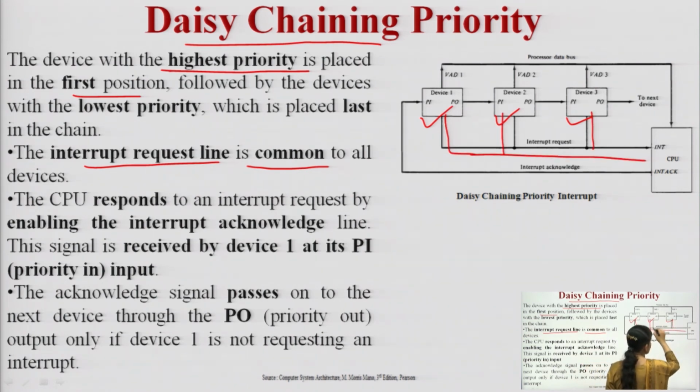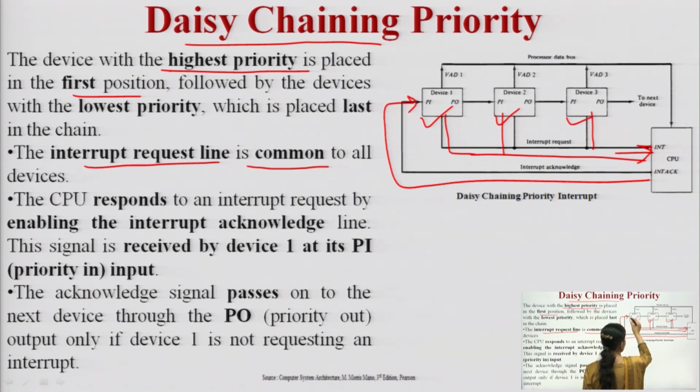Whichever devices want to interrupt the CPU will place their request on this bus. Then the CPU will send an acknowledgement using this line. The device that has interrupted will set its PI as 1. Suppose this device wants the CPU, it will set its PO value as 0, so that the next device is not able to get the CPU.